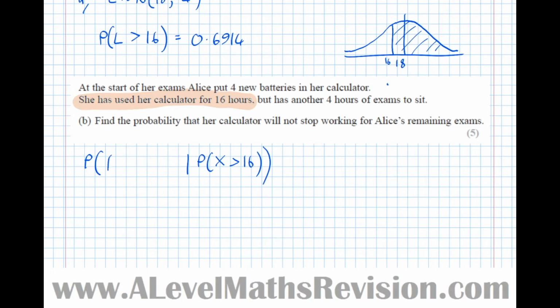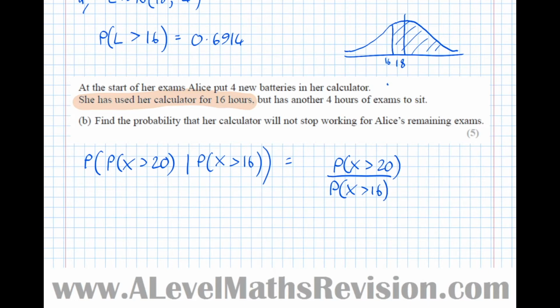So in total, that's the probability that X is greater than 20. So the denominator is going to be the probability X is greater than 16. And we're calculating the probability that X is greater than 20 overall.